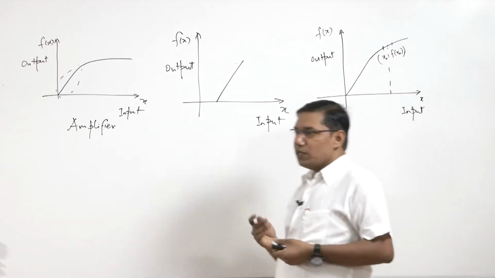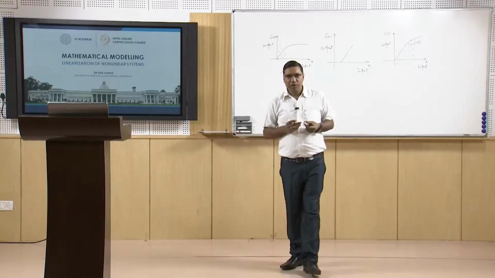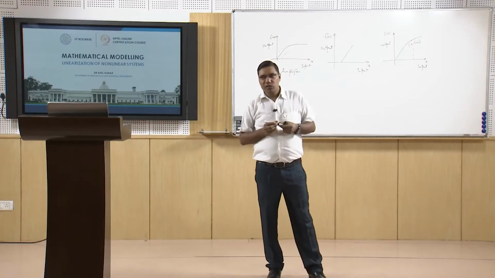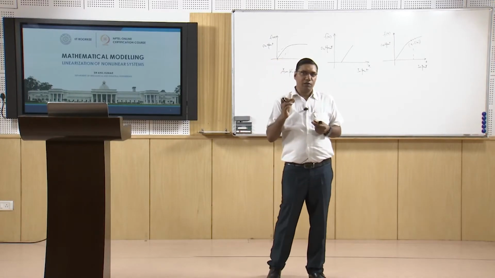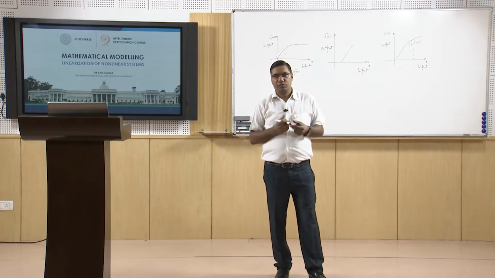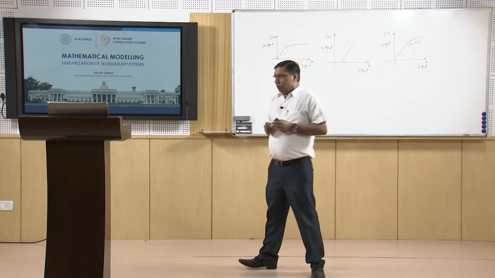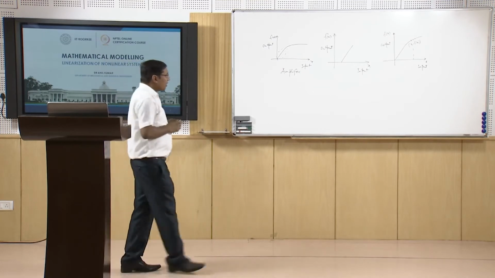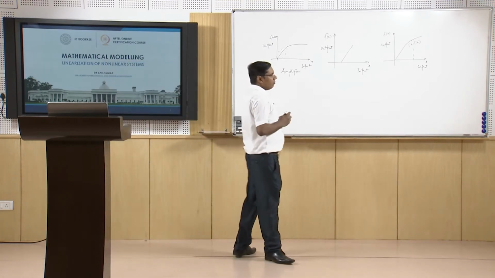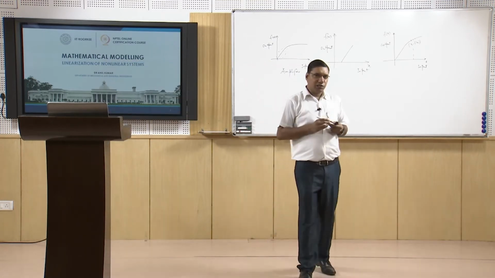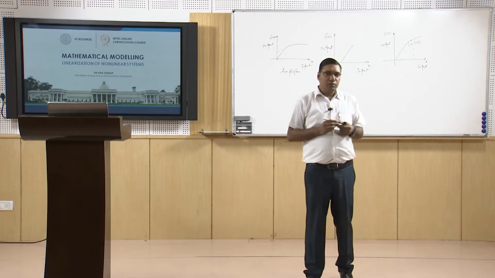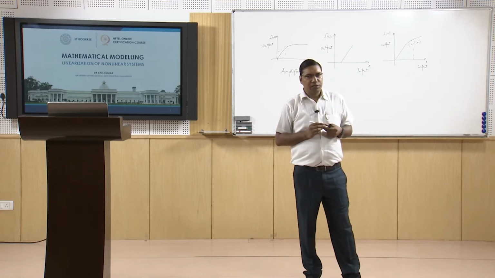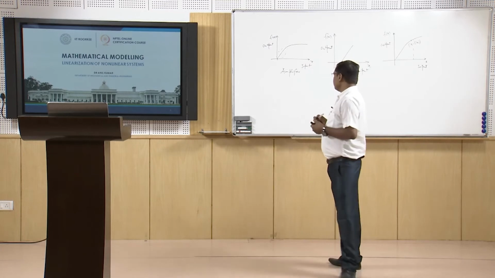This range is small, so in this range we can approximate this nonlinear system as a linear system. So what is the difference between a linear system and a nonlinear system? A linear system contains two properties, superposition and homogeneity.